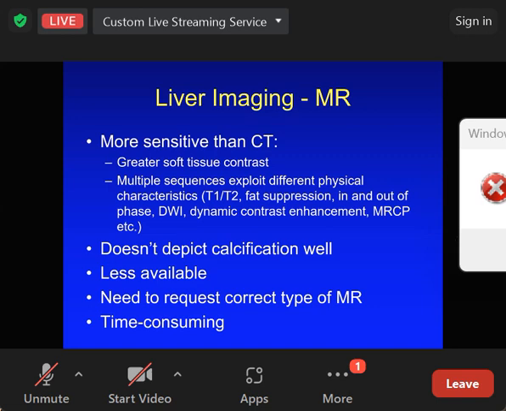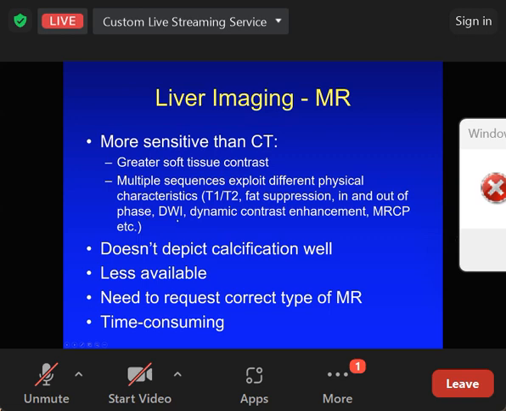With MR, we can get different images by sending radiofrequency pulses into the liver. And so we've got various physical characteristics that we can weight the image for. So we've got the T1 and T2 time constants. We can do fat suppression, make fat dark.